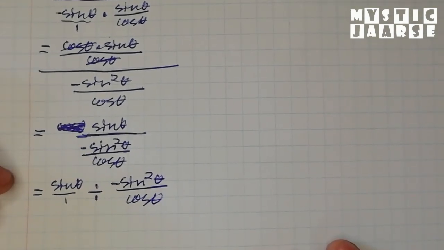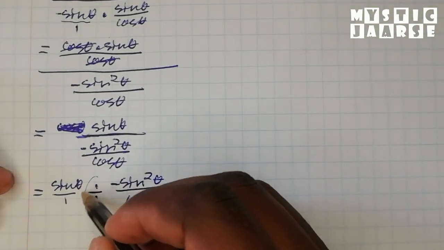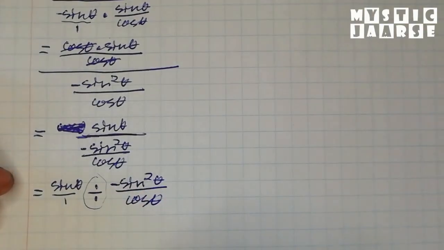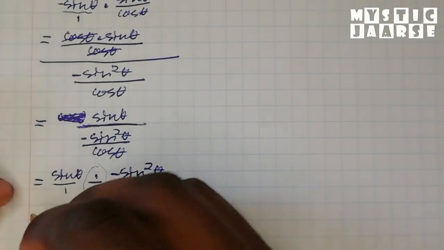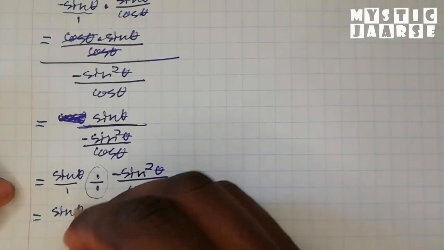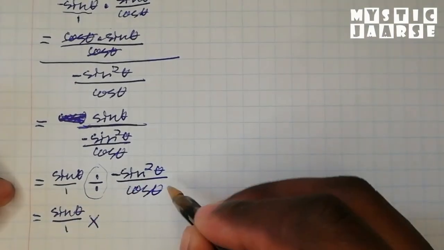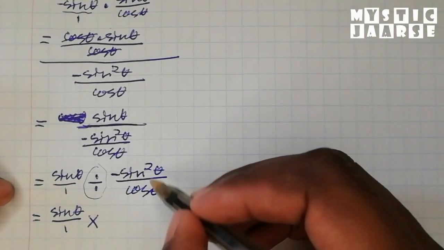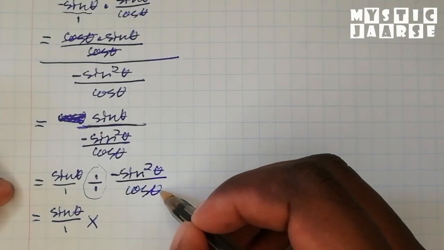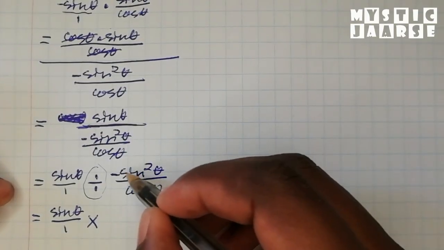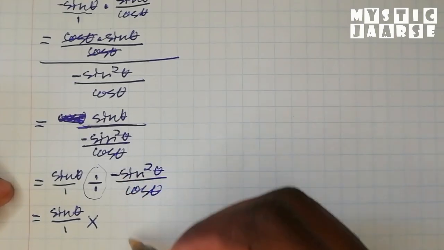Now what I'm going to do is change this division sign into a multiplication sign. The minute I do that, what we have on this side, our denominator will become our numerator and our numerator will become our denominator.